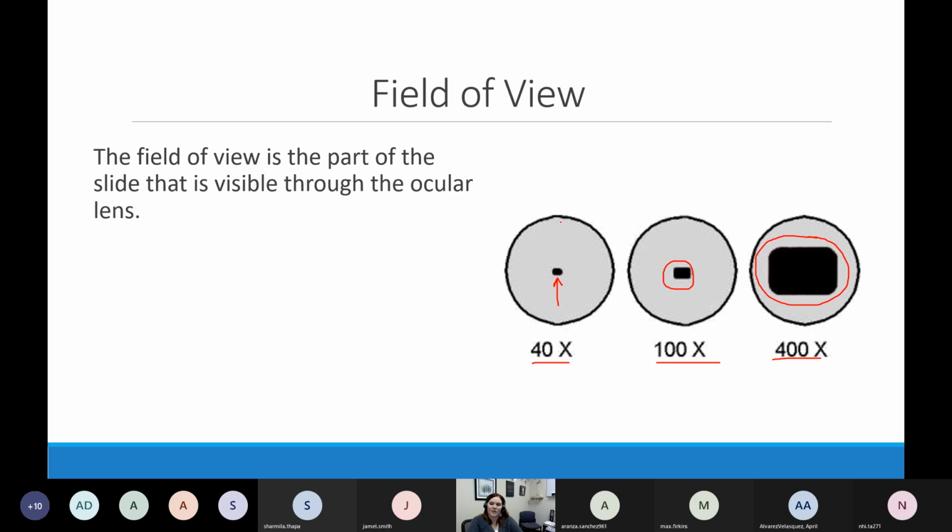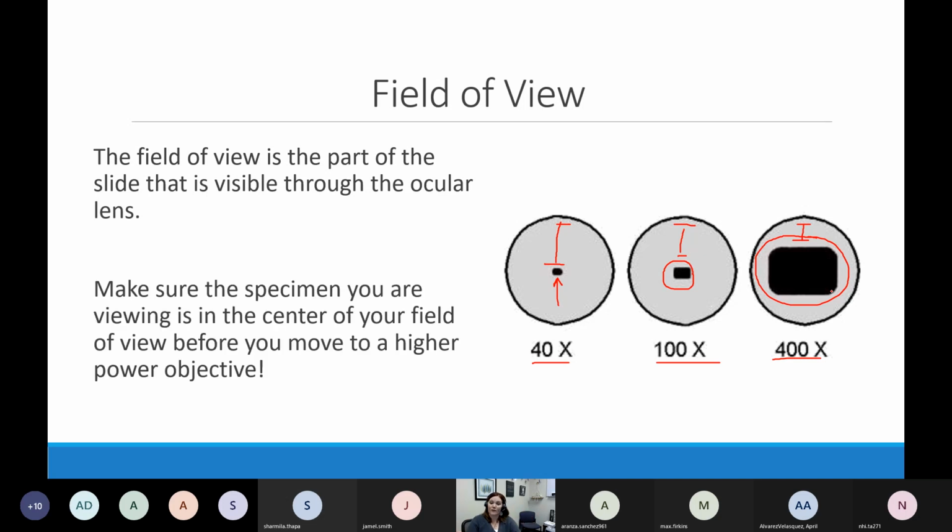We stopped seeing nearly as much gray on the outside of the spot. So the amount of gray that I see outside of my black spot goes down as I get more and more magnified. My field of view is essentially how much of that gray you can see. Well, the more magnified you are, the less of that outside stuff you can see.